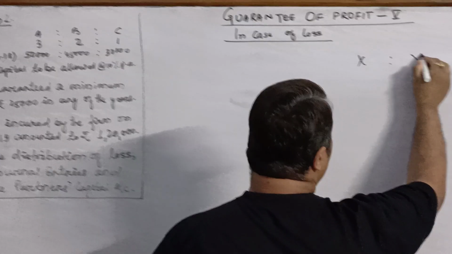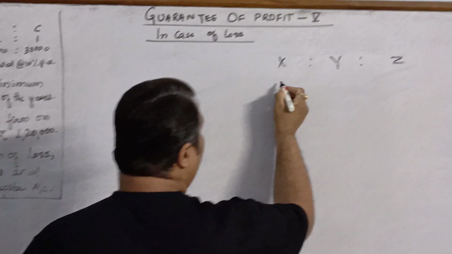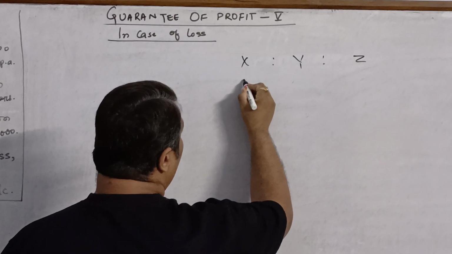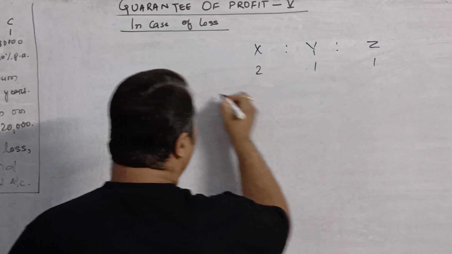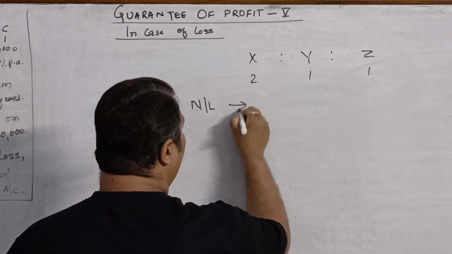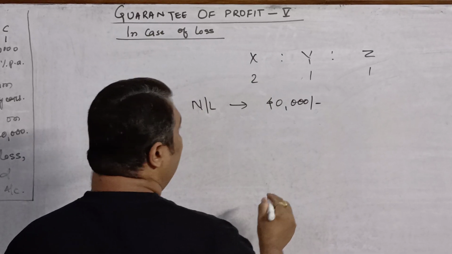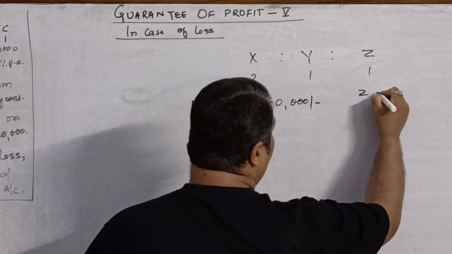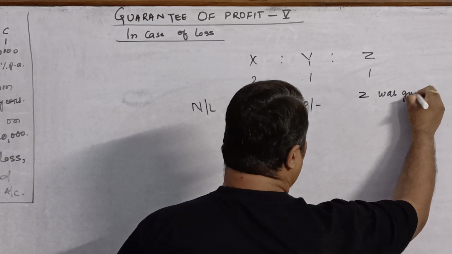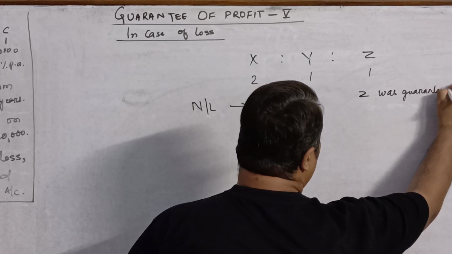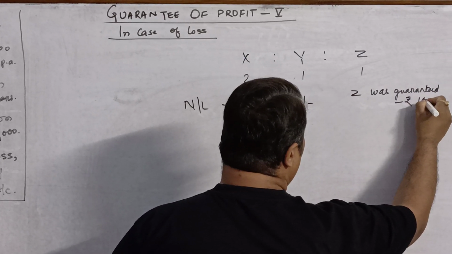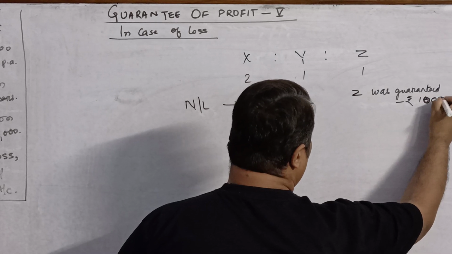There are 3 partners X, Y and Z sharing profits and losses in the ratio 2:1:1, and there is a net loss of rupees 40,000 for the year, and the partner Z was guaranteed a minimum amount of profit of rupees 10,000.